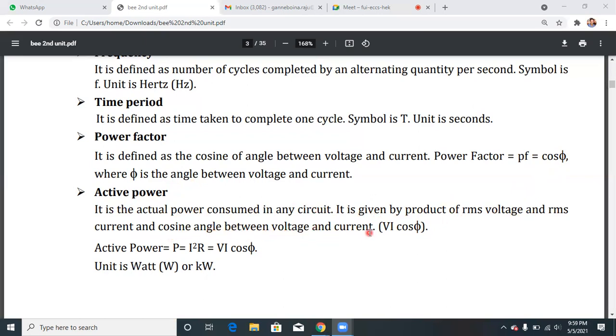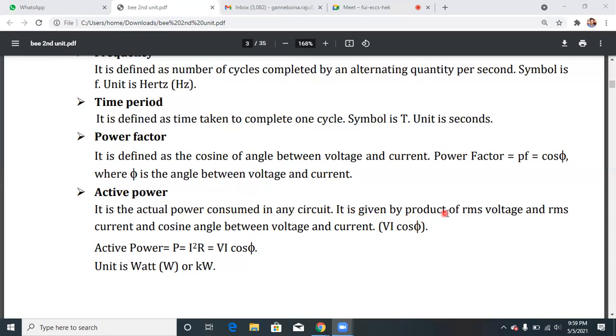That is V I cos phi, where phi is the angle between voltage and current. Understood? It is the actual power consumed by any circuit.